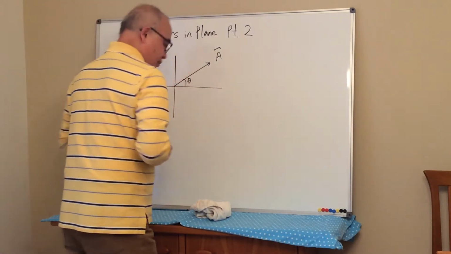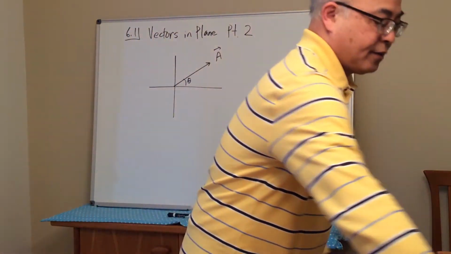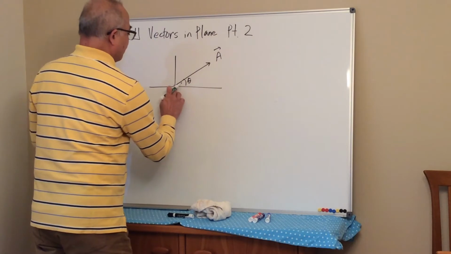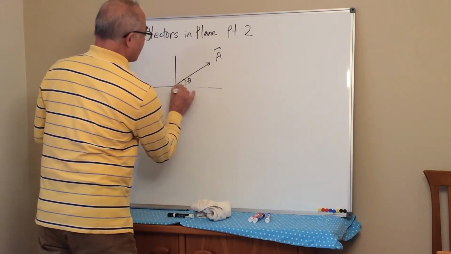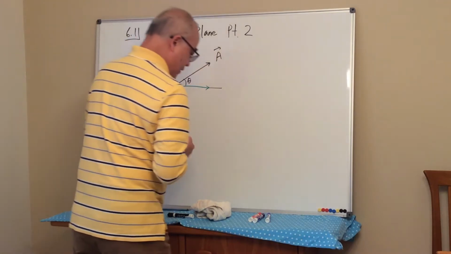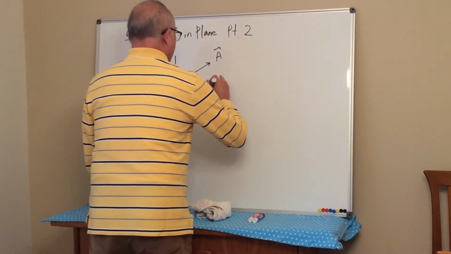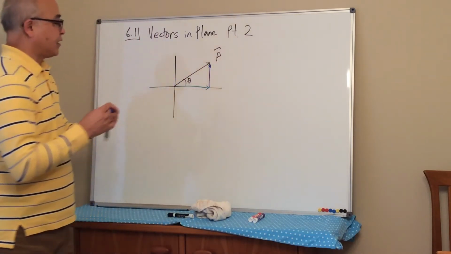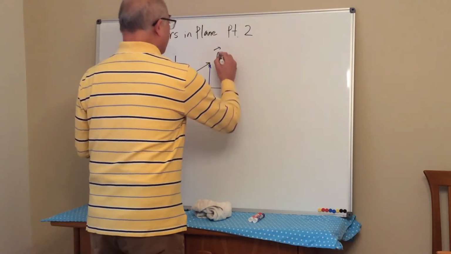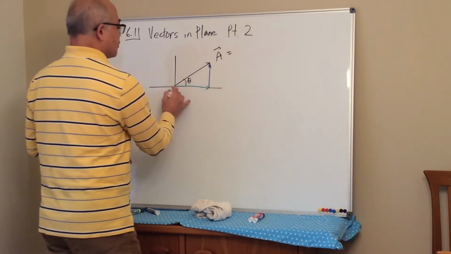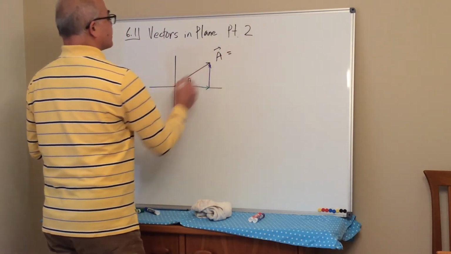One goes from here to here, like this, and the other is a vertical vector that goes up like this. So I can say vector A is going to be equal to the x component plus the y component.